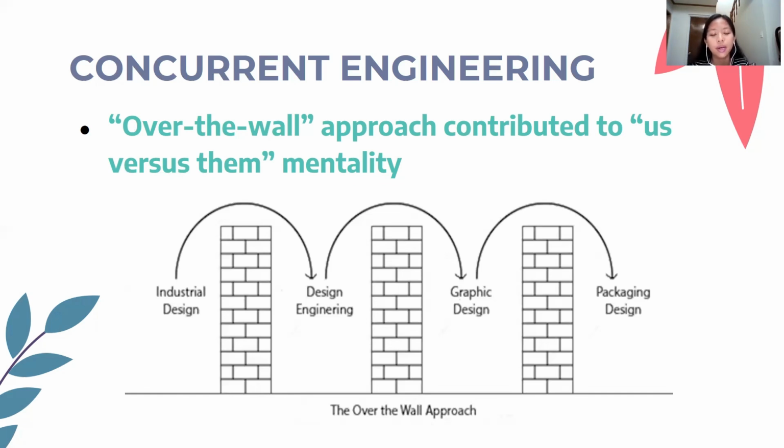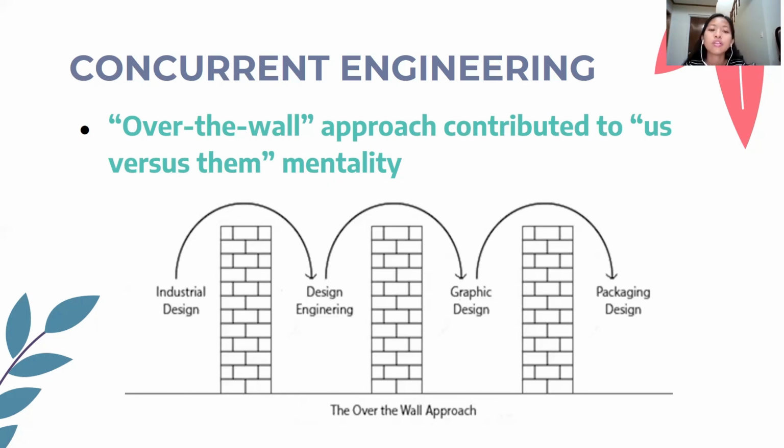So for example, sa paggawa ng parol, when one team is finished in its design, they will pass it to the manufacturing team. So once na-pass na nila, minsan wala nang communications na nangyayari. And with that, there might be problems in the manufacturing. Minsan, the designs do not reflect the manufactured products.